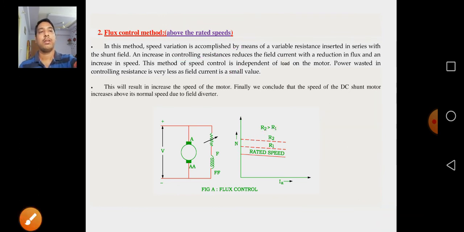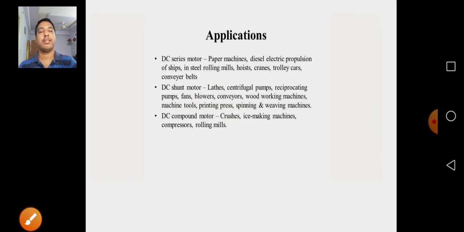From these two things, wherever I want to go below the rated speeds, I can go for the armature resistance control method. If I want to go above the rated speeds, I go for the field flux control method.